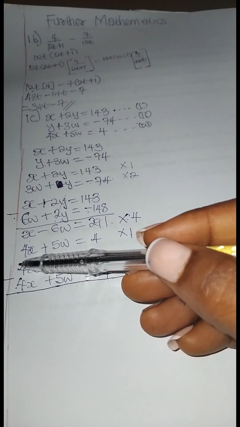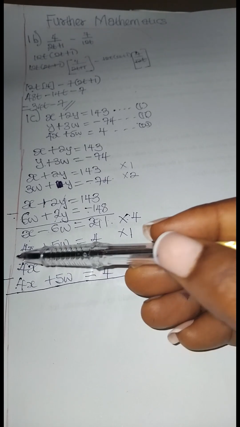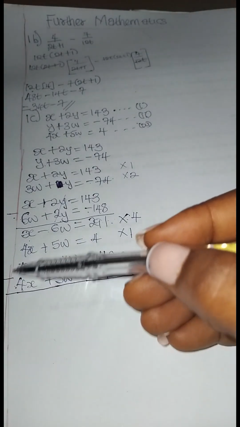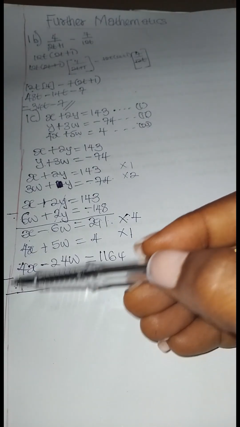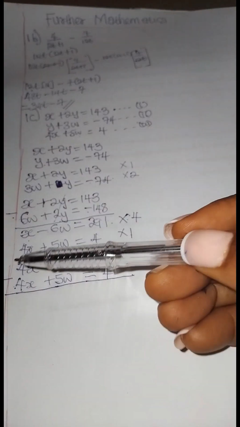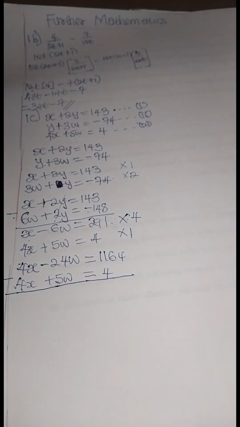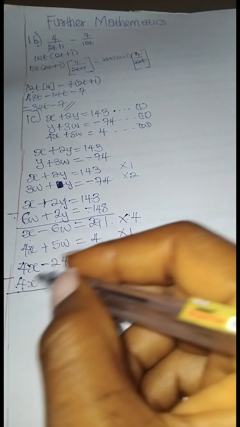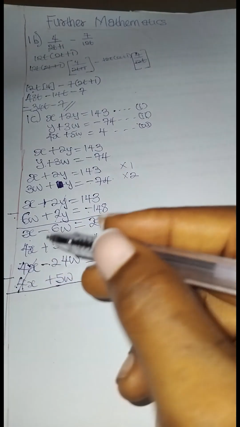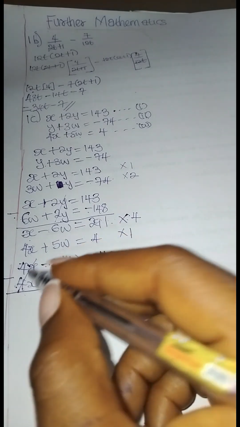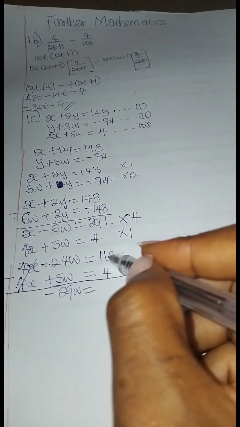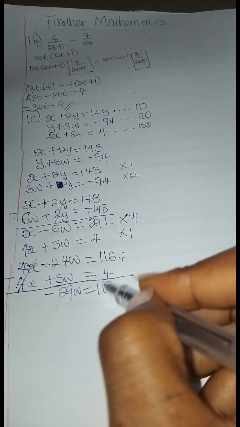Assuming I have a negative sign here and a positive sign here, I will add. If I have negative, positive, I will add. The same sign, you subtract. Different sign, you add. So this gives 0, minus 24w minus 5w will give us minus 29w. 1164 minus 4 will give us 1160.